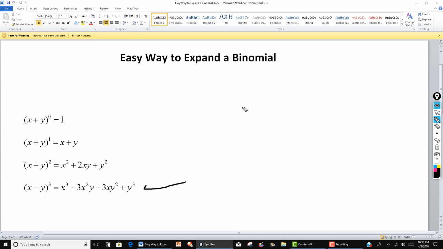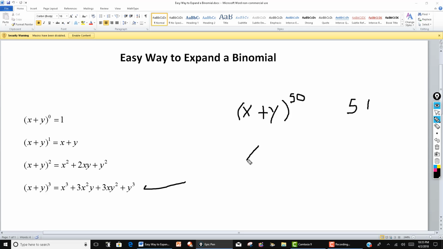So if I give you, say, x plus y taken to the 50th power, and I tell you how many terms will this expansion have, then you should know it's going to have 51 terms. If you actually multiply this out, but you don't want to do it, you're going to have 51 terms.